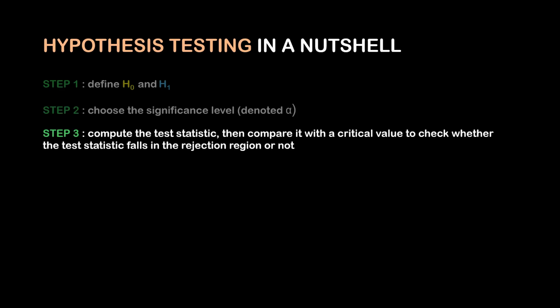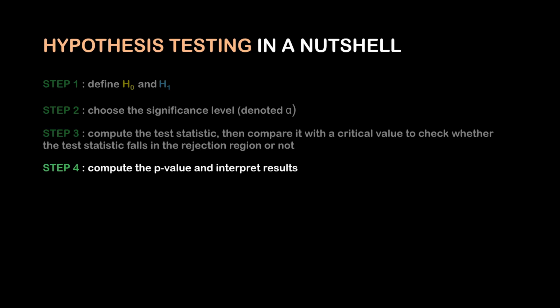Step 3, we compute the test statistic, and the test statistic is just a sample statistic that we're going to turn into a z-score. For example, if our sample statistic is a sample mean, then we are going to standardize this sample mean and compare it with a critical value to check whether this sample mean falls in the rejection region or not.